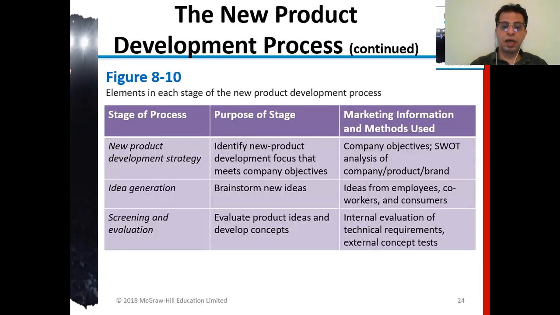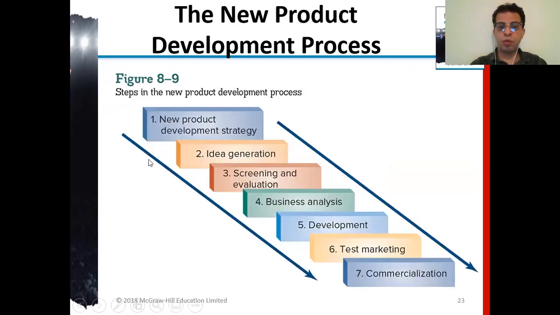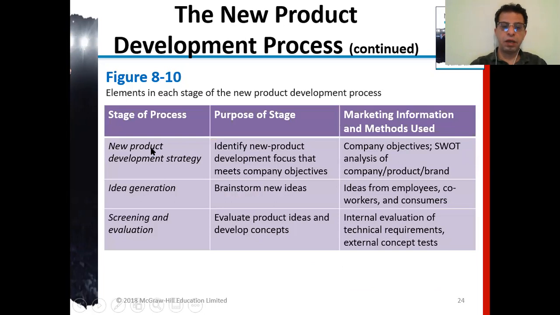Now, in the first stage, new product development strategy, the purpose of the stage is identifying a new product development focus that meets the company objective. So you don't sell chocolate in an IT company. That's not the objective.